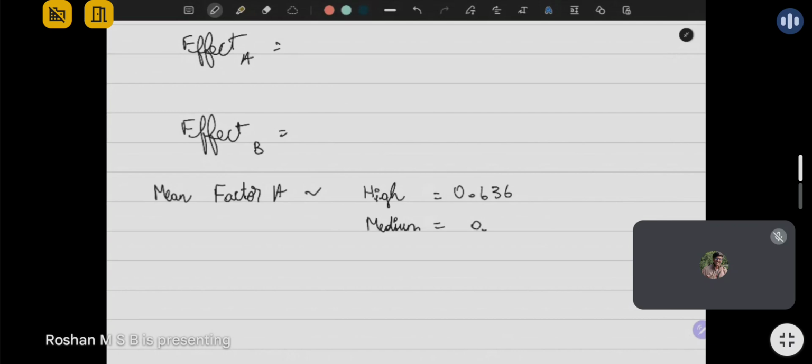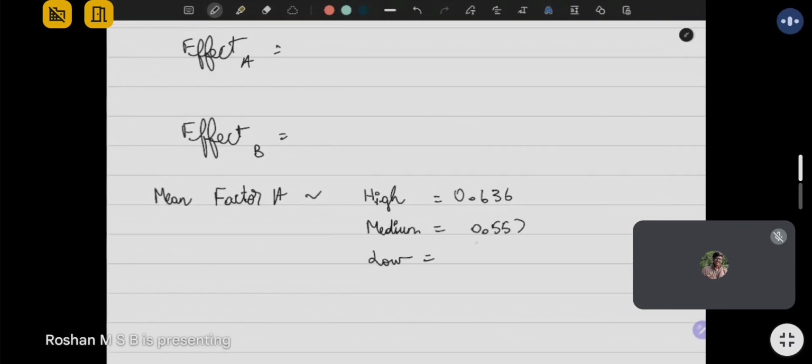Medium will be 0.557 and low will be 0.380. In this case, you just subtract high minus low.